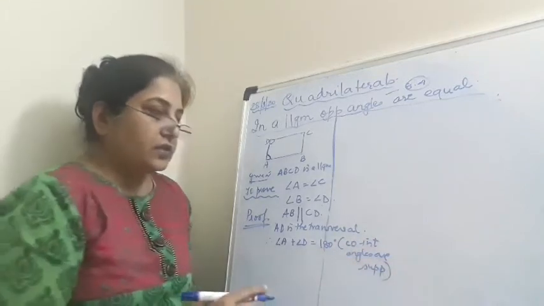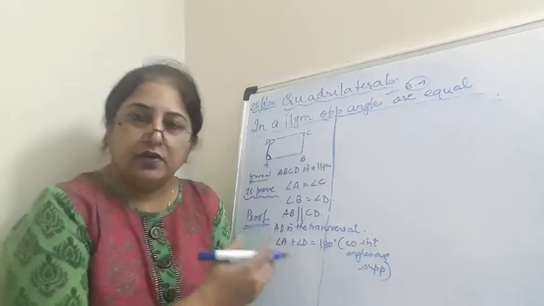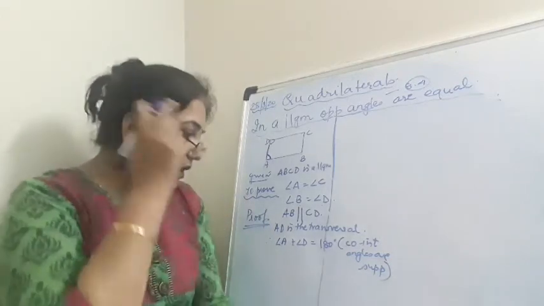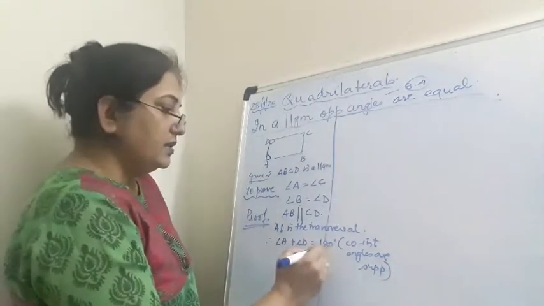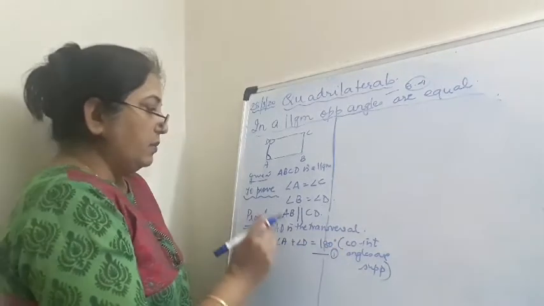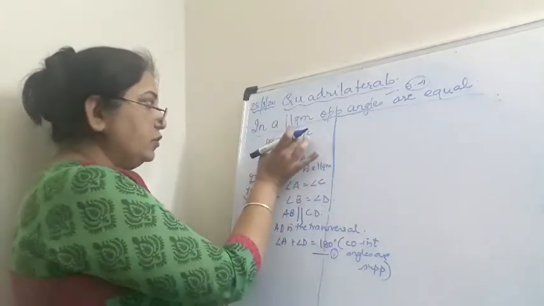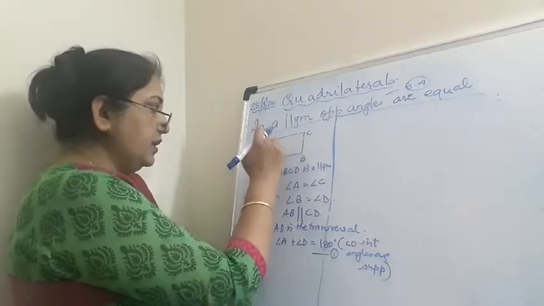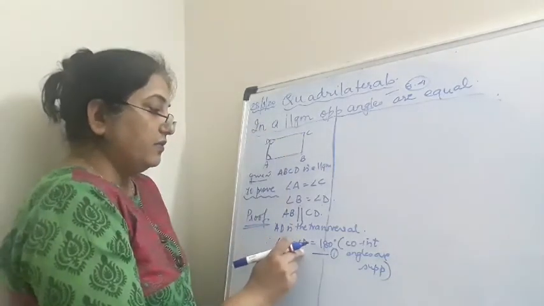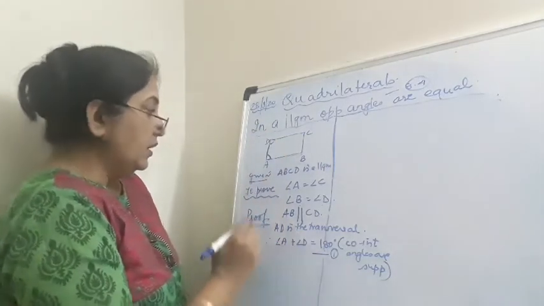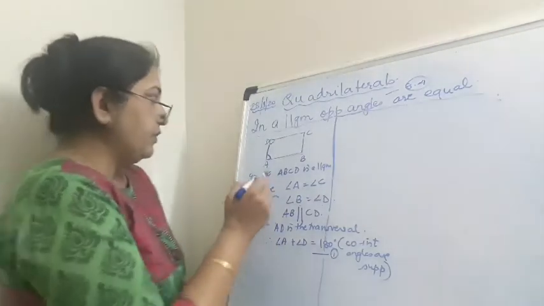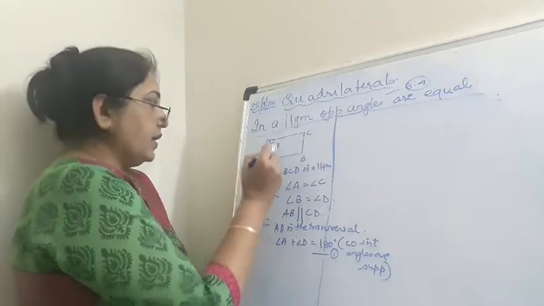We also say that the angles lying on the same side of the transversal are supplementary. Now, this is equation 1. So remember that AB is parallel to CD, AD is a transversal, and A plus D will be equal to 180 degrees.